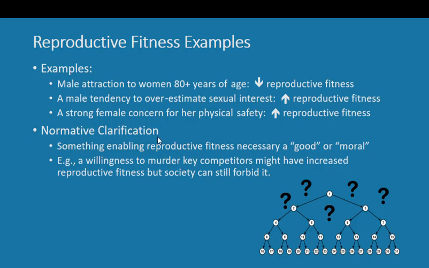So, one normative clarification, and by normative I mean we're speaking about norms and values here. Something that enables reproductive fitness is not necessarily a good thing or a moral thing. You can imagine, and this is a very controversial kind of topic, but there's some evidence that certain males under certain conditions have a tendency to want to coerce females for sexual intercourse.